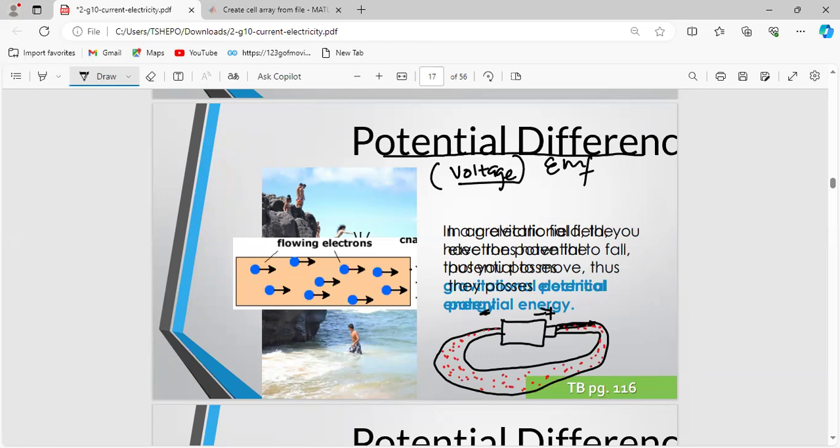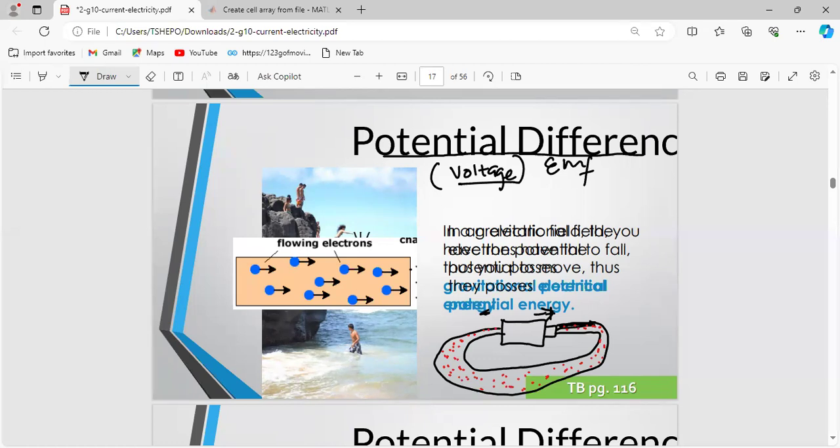So when a battery gives energy to these electrons, the neighboring electrons will transfer that energy to the other electrons. And these electrons over here will transfer the same energy to their neighboring electrons, and so on, and so on.